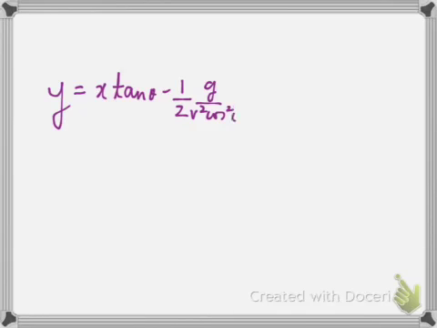So in a very good form we can write y is equal to x tan theta minus half g by v square cos square theta into x square. Now you can see that we have a term of x here and a term of x square here.